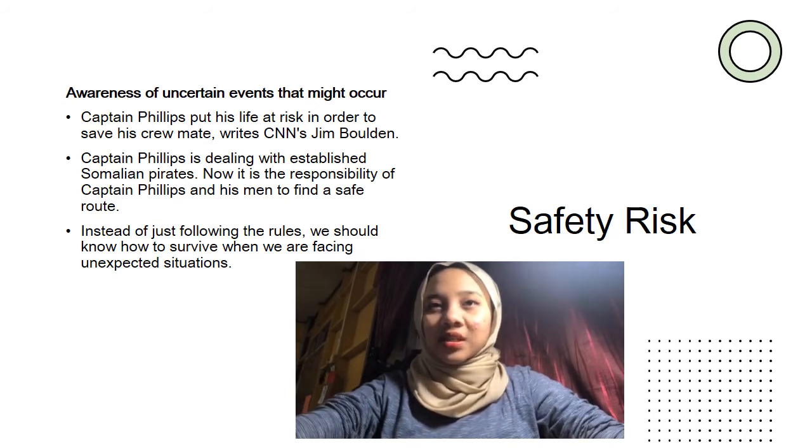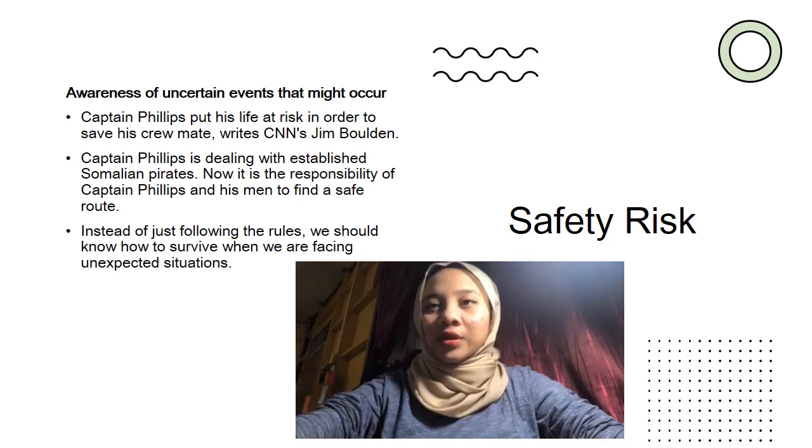The pirates seized position of the ship and the ship crew concealed themselves. Captain Phillip is dealing with the established Somali pirates, yet they do not disappear, as there is no way to achieve stability. Now it is the responsibility of Captain Phillip and his men, in different forms, to find a safe route.